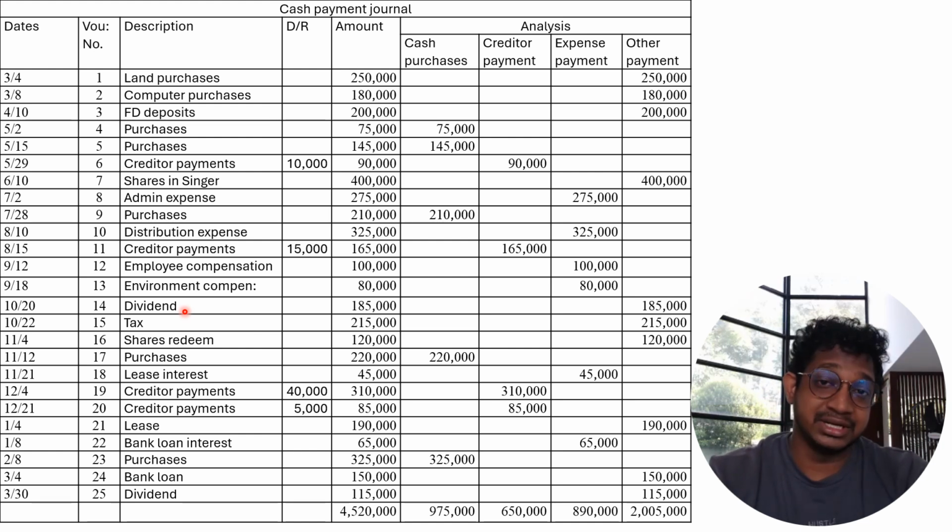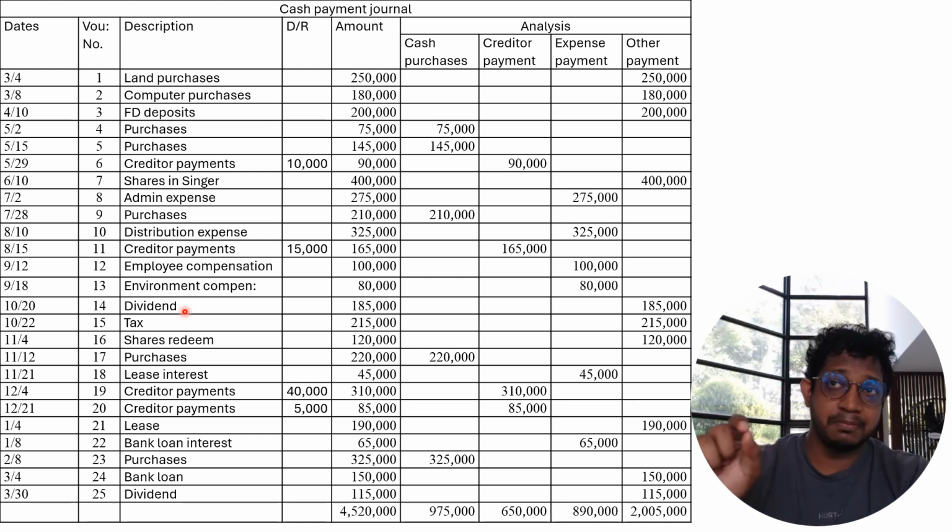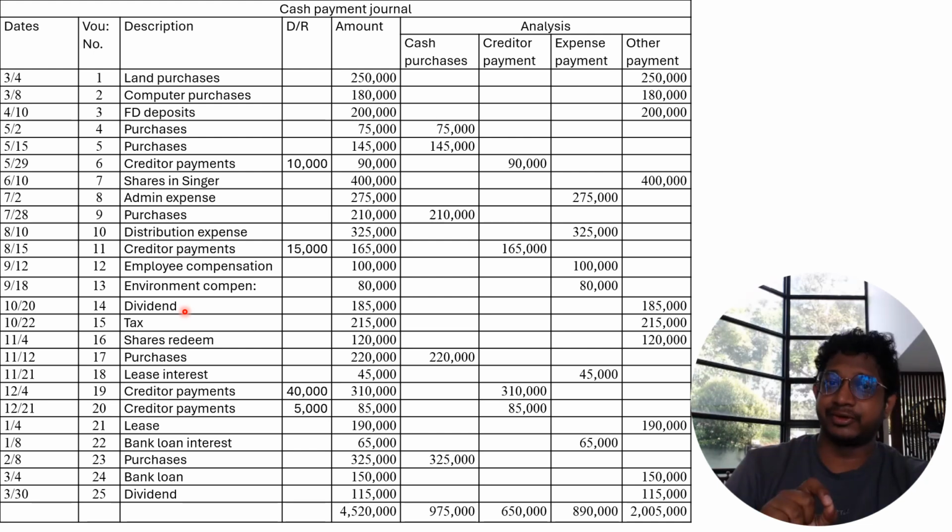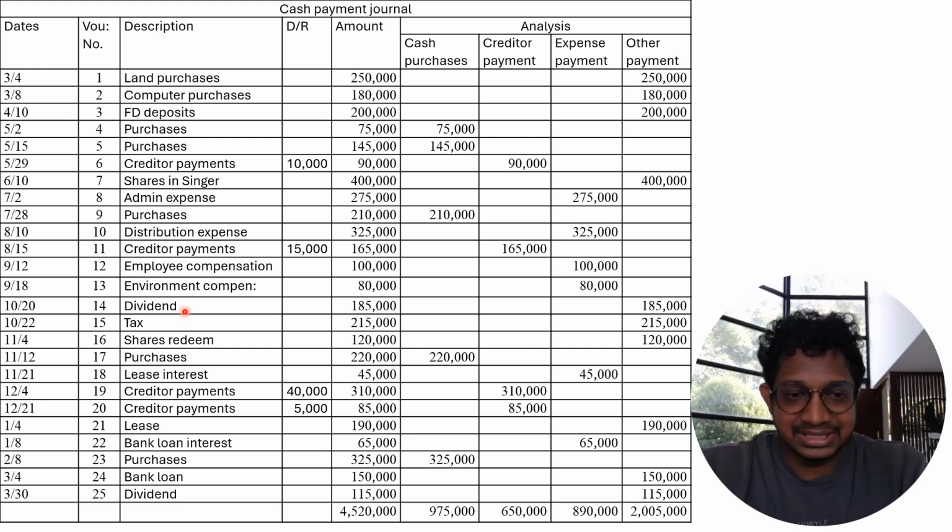But here, the dividend payment means you are distributing your profit to your shareholders. So that comes in financing activities, right? Tax has a separate specific place in operating activities, and share redemption is in financing activities.